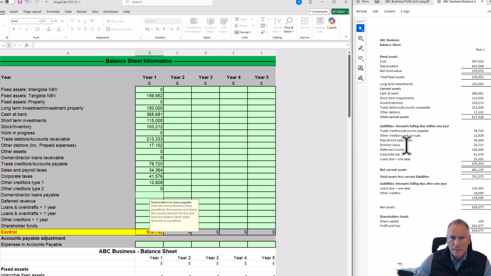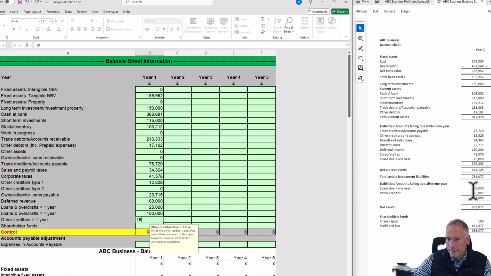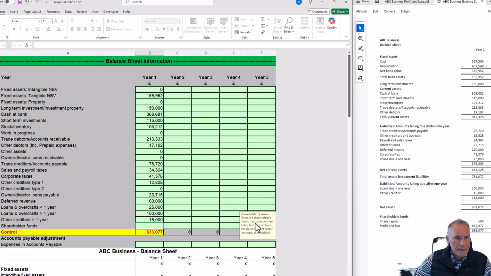There is a director's loan here at 23,715. And we do have some deferred income. Bank loans of less than 1 year, yes we do, £25,000. Bank loans of more than 1 year, yes we do, £100,000. And other creditors due more than 1 year, yes we've got £18,000. Just move that out of the way.